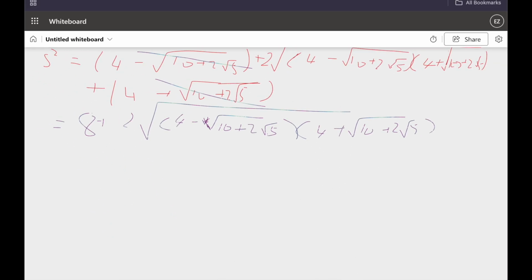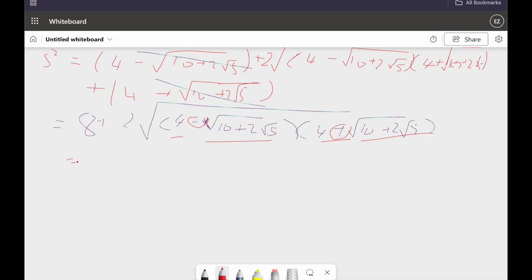We can see by our experience this section and this section are similar. The only difference is the sign change. We can connect this with the formula a squared minus b squared equals a plus b times a minus b.